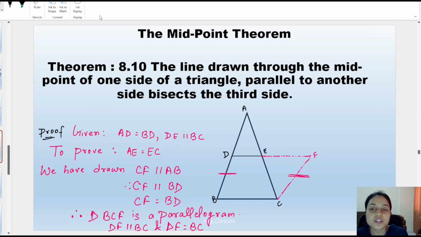Now, let's focus on triangle ADE and triangle CFE. Here we can say that angle AED must be equal to angle CEF, as these two are vertically opposite angles.